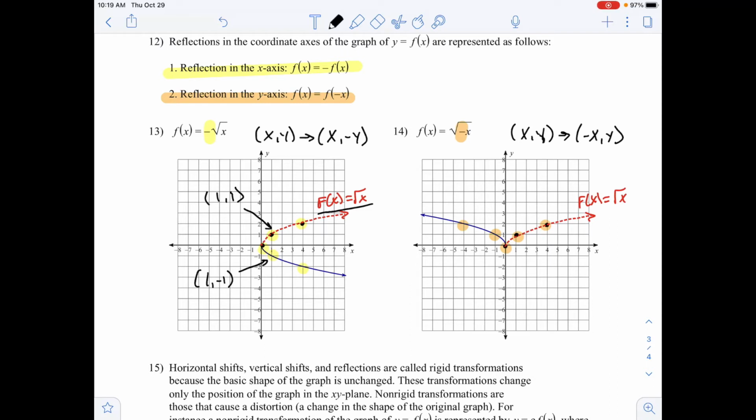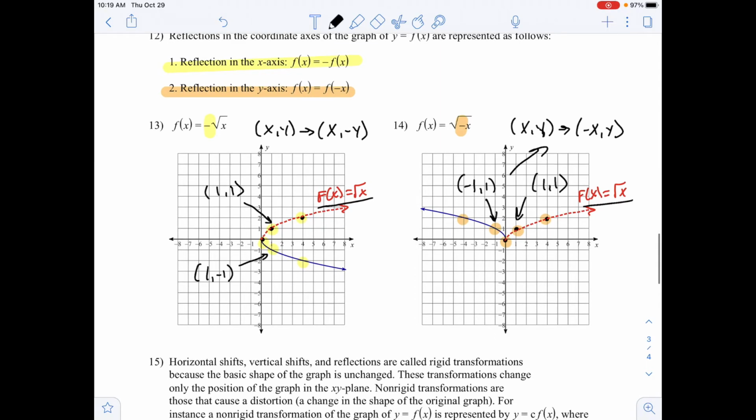So these points are being reflected over the y-axis. So if I had this point, which is 1 comma 1, to get to this point is negative 1 comma 1, if I am following this pattern right here. So again, it is taking the parent function, which is f of x equals the square root of x, and it's being reflected over the y-axis.